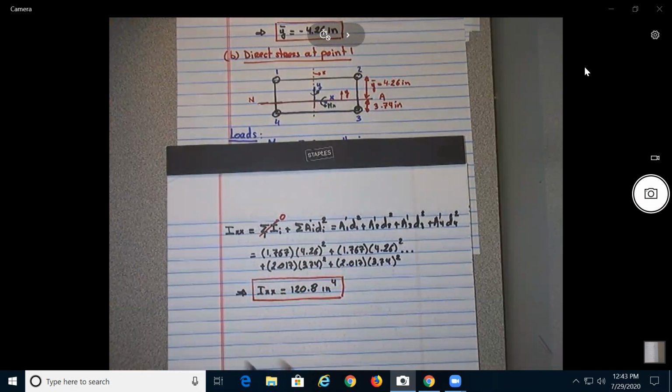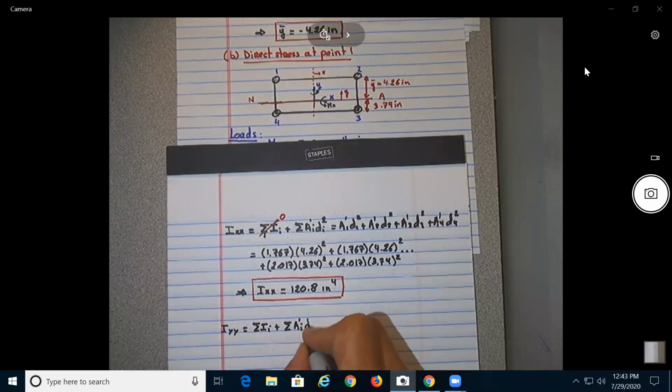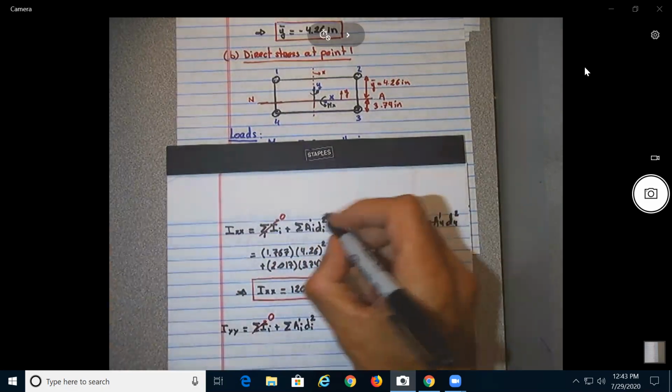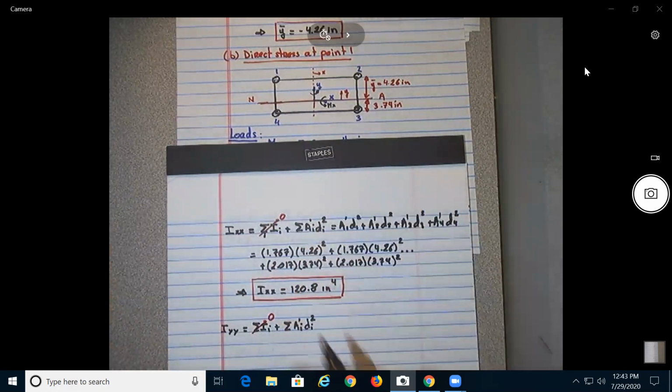Okay, similarly, Iyy will be equal to the summations of the little circles that will be 0 plus this time the summations of the A prime i times di squared. But be careful here, because this time the d should be, so if you want, this will be the dy's, no, the di's, it doesn't matter.